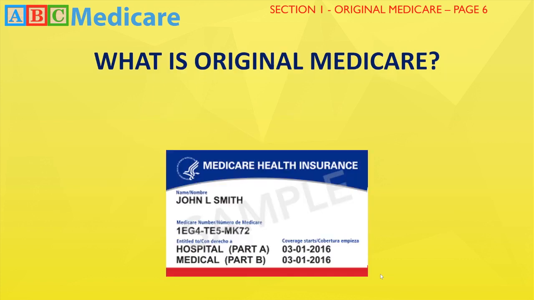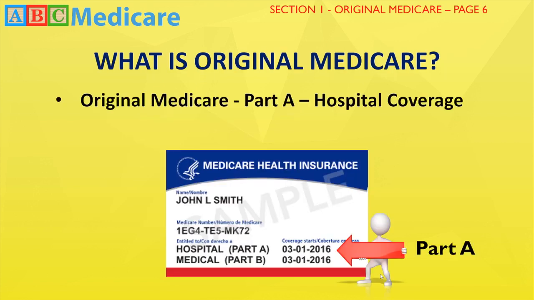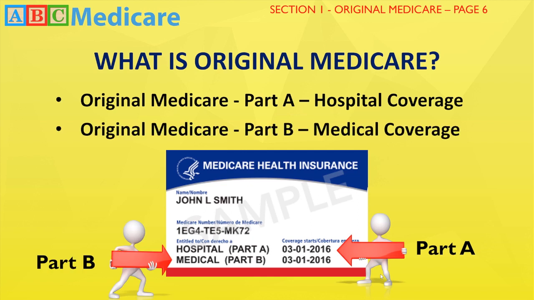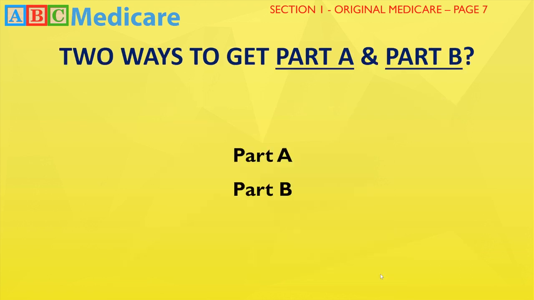So what is Original Medicare? Original Medicare is health insurance made up of Part A and Part B. Part A is hospital coverage, Part B is medical coverage. There are 2 ways to get Part A and B of Medicare if you have both Part A and B of Medicare.